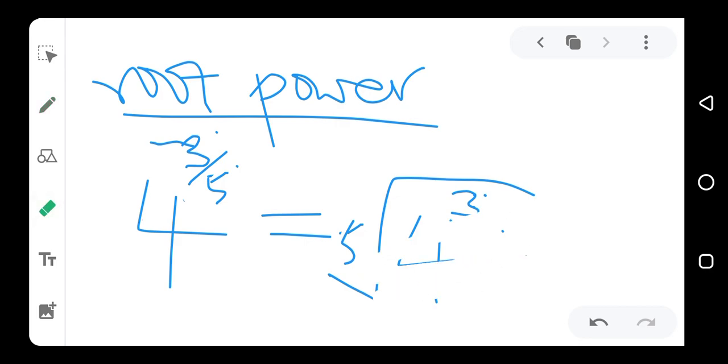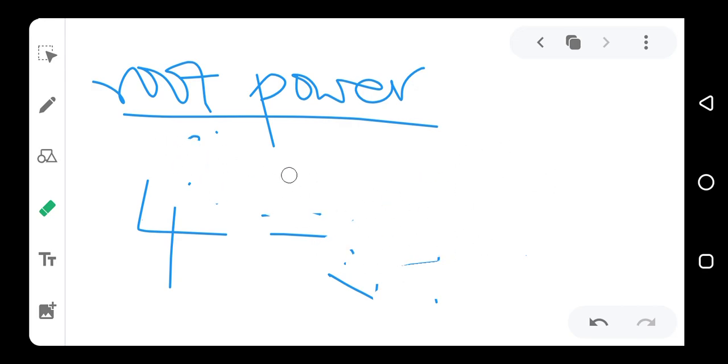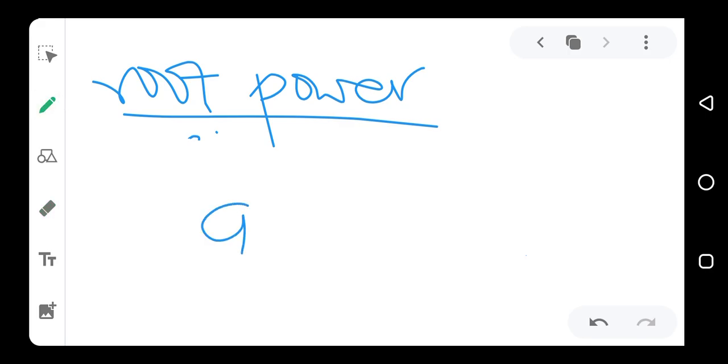So generally, we express the root power as, don't worry, I'm going to give you more examples. Generally, we express the root power as, if we have a raised to power n over m, we write a, then we raise this to power of the numerator, which is n.